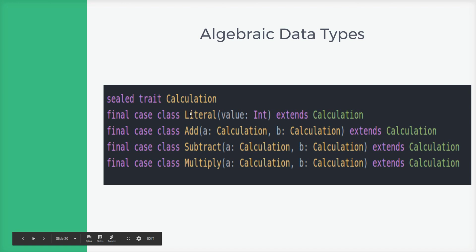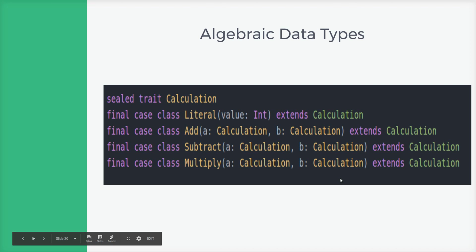For example, we can have a literal, which is simply a value, in this case an integer. It's for educational purposes; in a more realistic case we would probably not use an integer. We can represent an add operation, having two calculations as arguments, and also subtract and multiply operations.